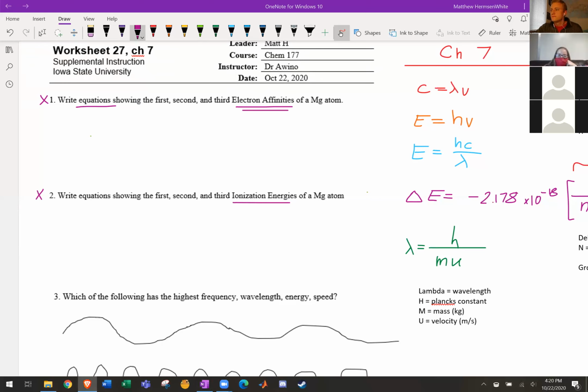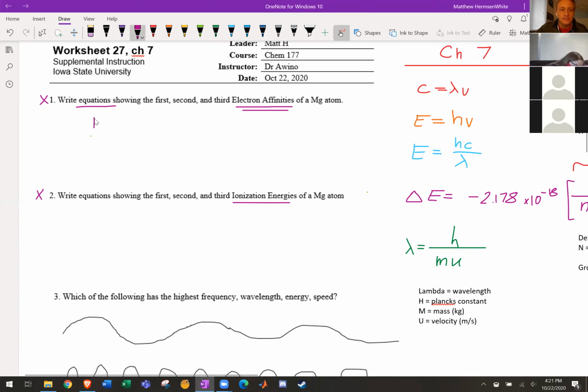That's like the energy associated with giving away an electron, basically. Actually, I can't remember if it's giving away or taking. Adding, yeah. So for electron affinity, you're adding an electron. Thank you, Elizabeth.